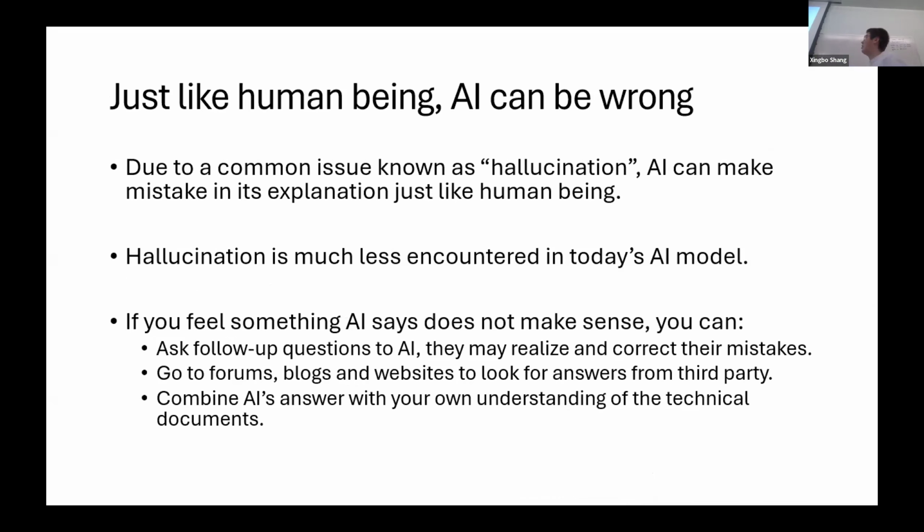But of course, just like human beings, AI can be wrong. At first, we don't think AI should be wrong because they are trained statistical models. But as things get too complicated, I don't know whether you have heard this word or not: hallucination of AI. It means AI tends to think it understands something, even though it doesn't, just like human beings. At the introduction of the first generation of AI models, like ChatGPT 1 or whatsoever, hallucination was still very severe.